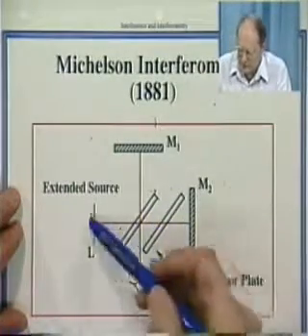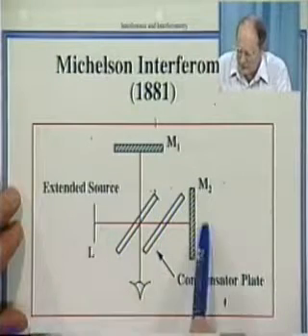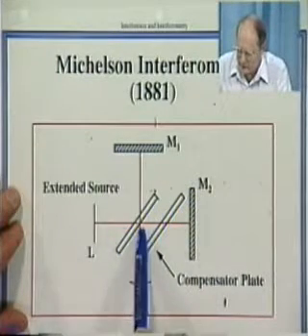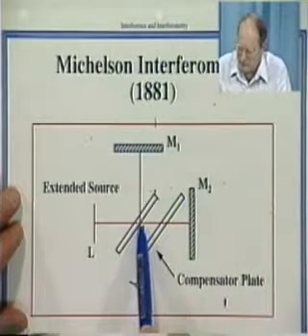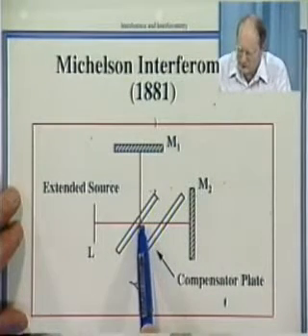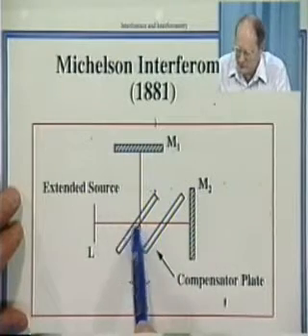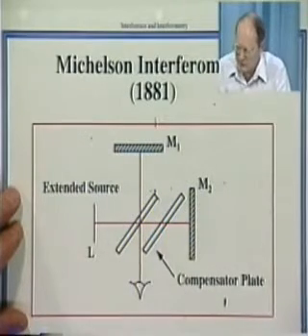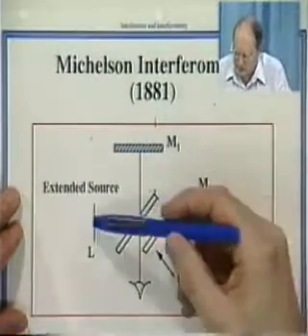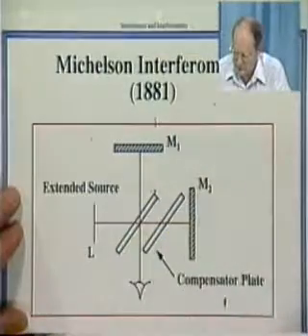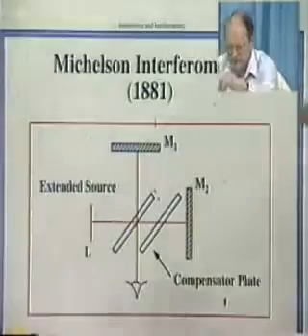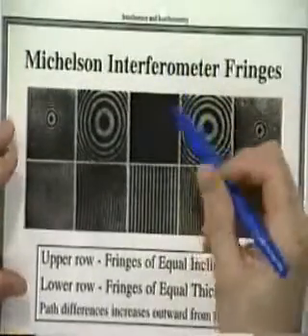But if we look at light going back to the source, this one is never reflected. This one is reflected once, reflected again, and so if it's 0 the first time, it will be 0 the second time, but if it's 180 the first time, it'll be 180 the second time, or 360. And so when the paths are matched, these two will be in phase. Okay, so this is dark now.